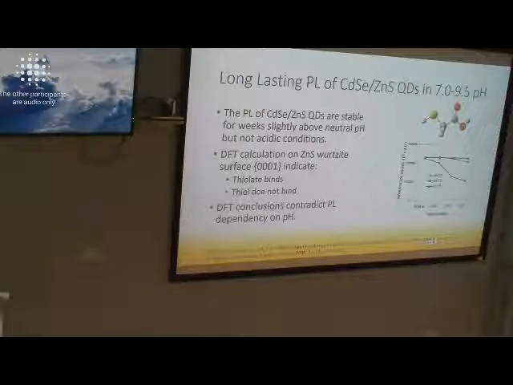I believe, if I remember correctly, it's not chemical stability, it's photostability. So if you want to emit light after 3 weeks, it will still emit light. I don't think they did photobleaching, so I don't think they irradiated it for 3 weeks, but I think they took the sample back out after some time.